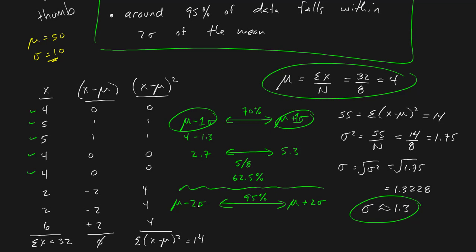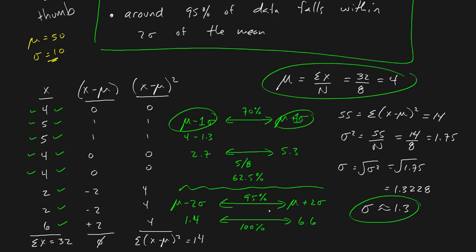This is minus 2 times 1.3, so that's 2.6. So 4 minus 2.6 is 1.4. So from 1.4 all the way up to 4 plus 2.6, 2 times 1.3 is 2.6, so that's going to be 6.6. Well, how many of my scores are between 1.4 and 6.6? This is, and these are, and this is, and this is. So I get 100% of my scores.